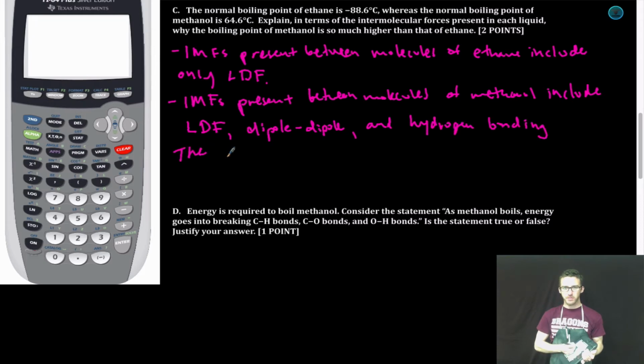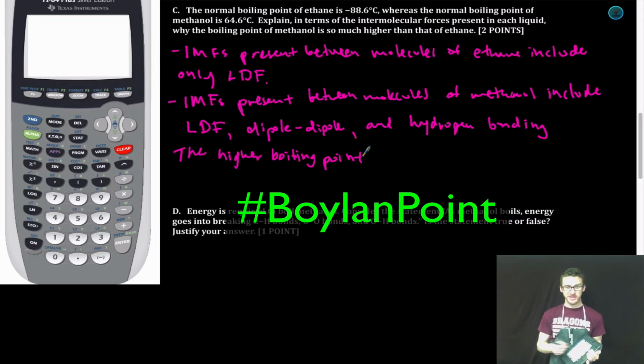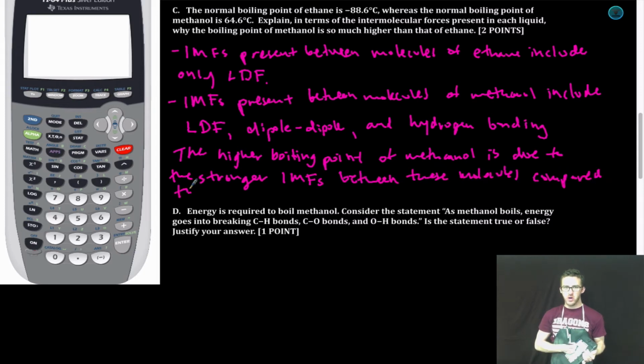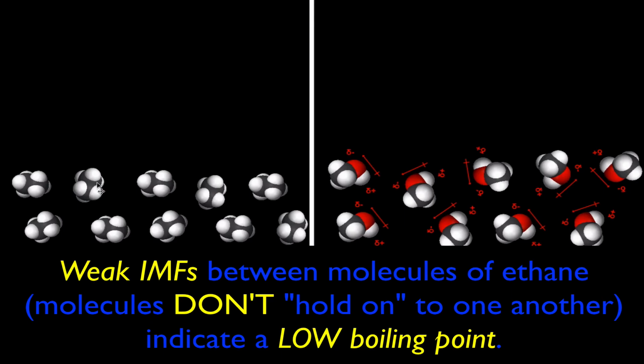The higher boiling point of methanol is due to the stronger intermolecular forces between these molecules compared to ethane. Boom.